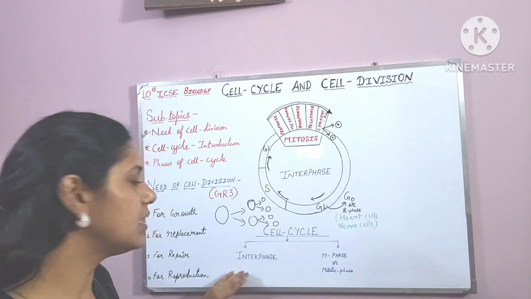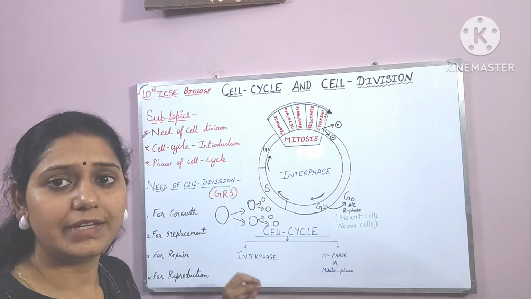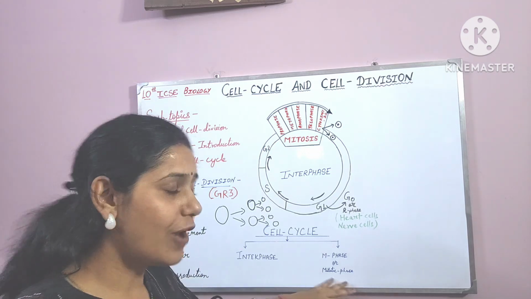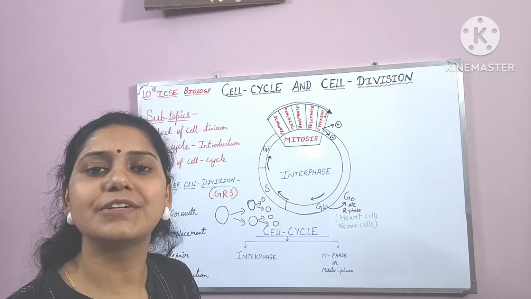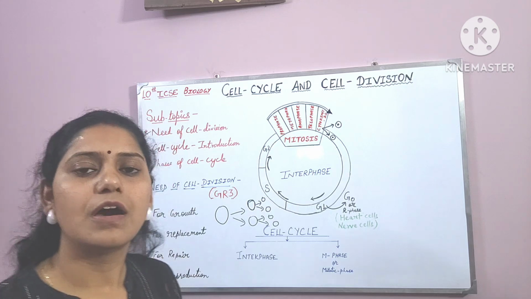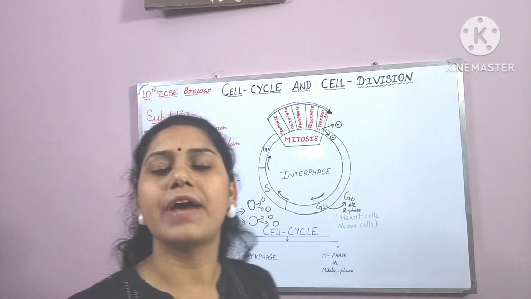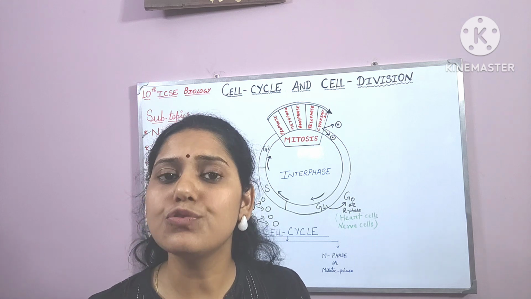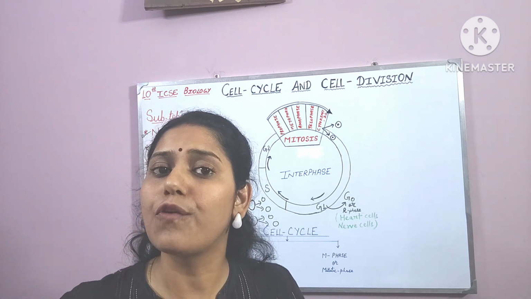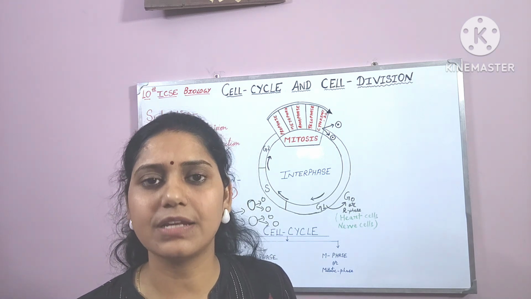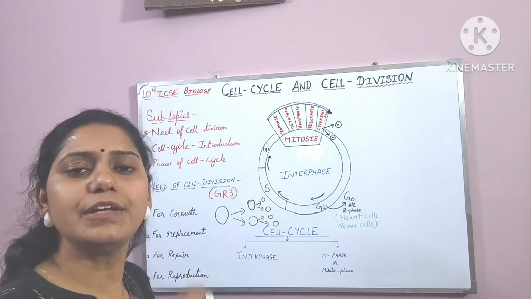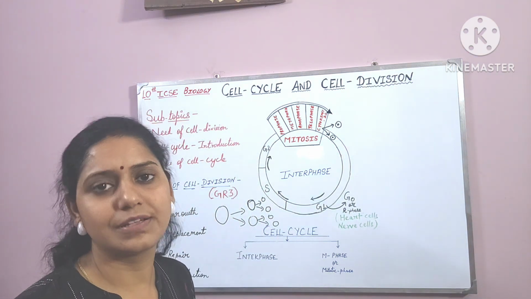Then what happens in interphase? In interphase, the critical things take place. For division, there are certain preparations. A cell, before dividing, needs to prepare itself. It needs to synthesize and form several things so that it can divide to give rise to the daughter cells.